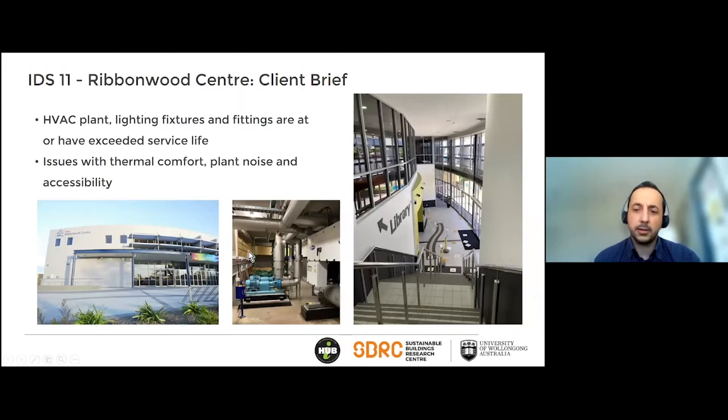The client gave us a brief at the start that was very much around building services. The client was looking to upgrade the HVAC system of the building, and then there were some issues around accessibility as well, plant noise and thermal comfort that we looked at during the studio.